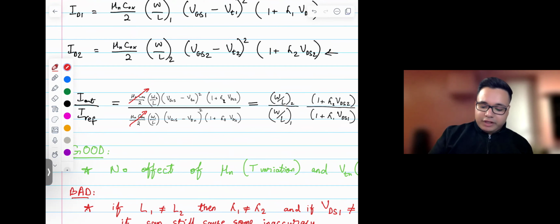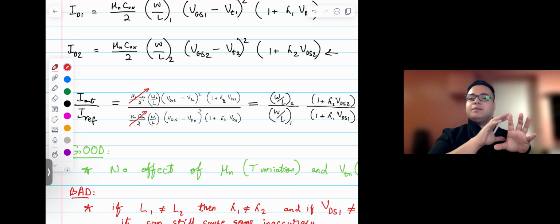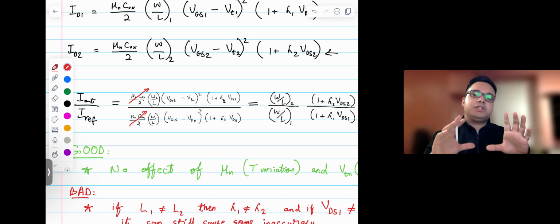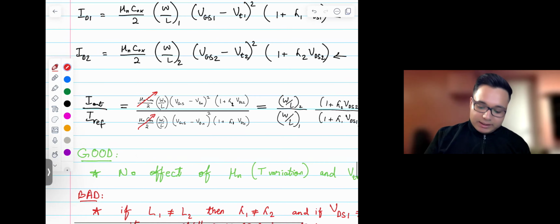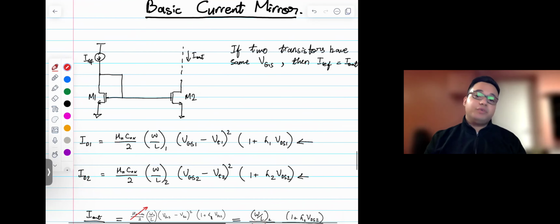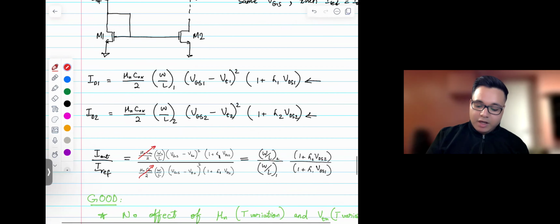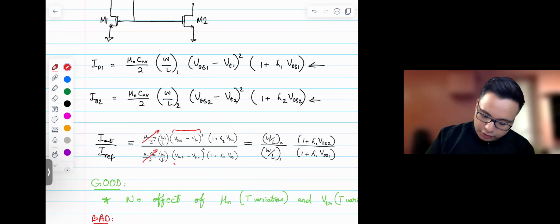So for temperature variation on VTN, because both transistors are close to each other, we say that they're exposed to the same temperature, and so their threshold voltages will be affected in the same way. And VGS, we tied both of them together, so VGS of those two transistors should be the same. So in other words, this term and this term should be equal, and so these can be canceled out.